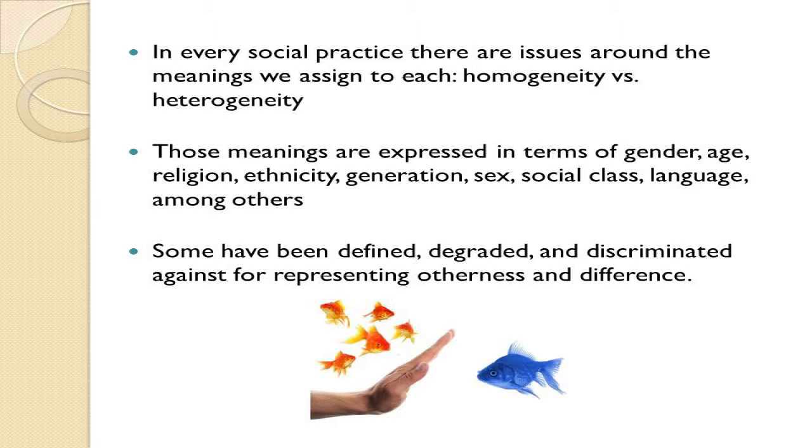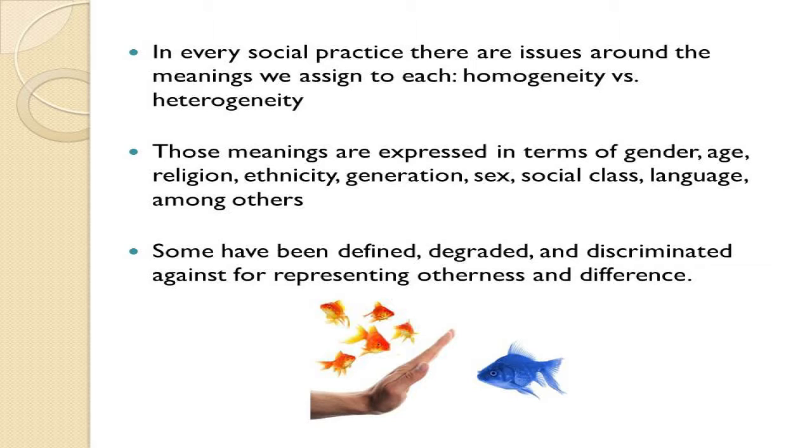It is important that we consider that in every social practice there are issues around meaning and the meanings we assign to each of these practices. Sometimes we can find the typical or so-called eternal confrontation between homogeneity and heterogeneity. This is one concept that usually comes to mind when we think about the meanings that we assign to social practices.